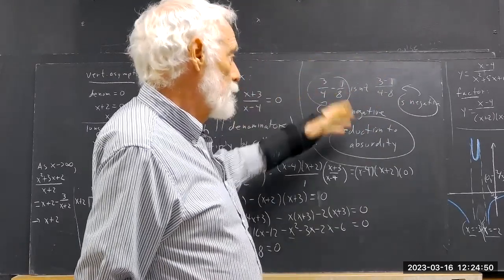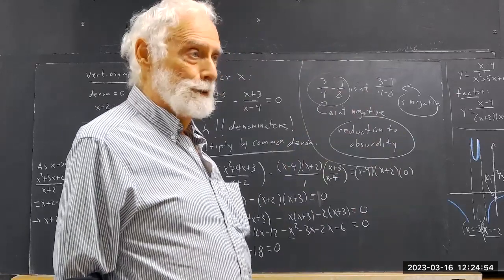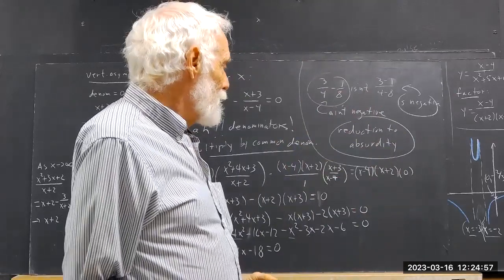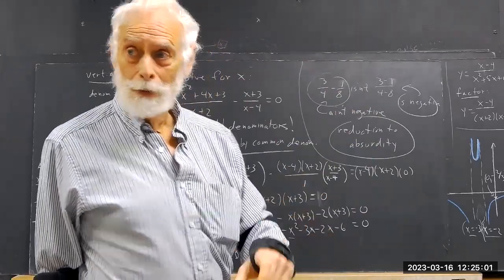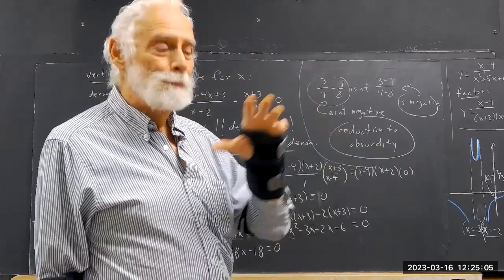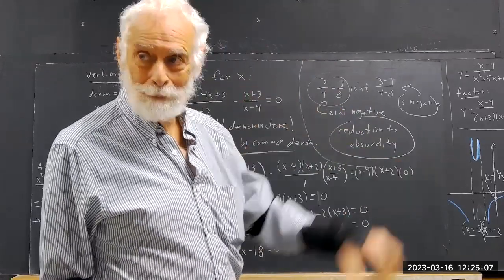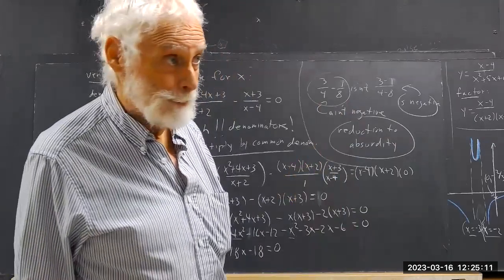Reduction to absurdity is a standard mathematical argument. It doesn't say you're absurd if you believe this. It says this does become absurd, be conscious of it, and don't do it. We subtract or add fractions by finding common denominators.